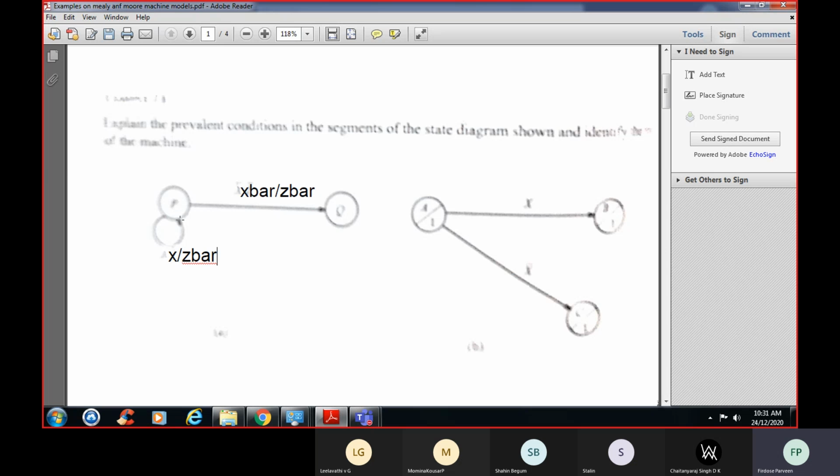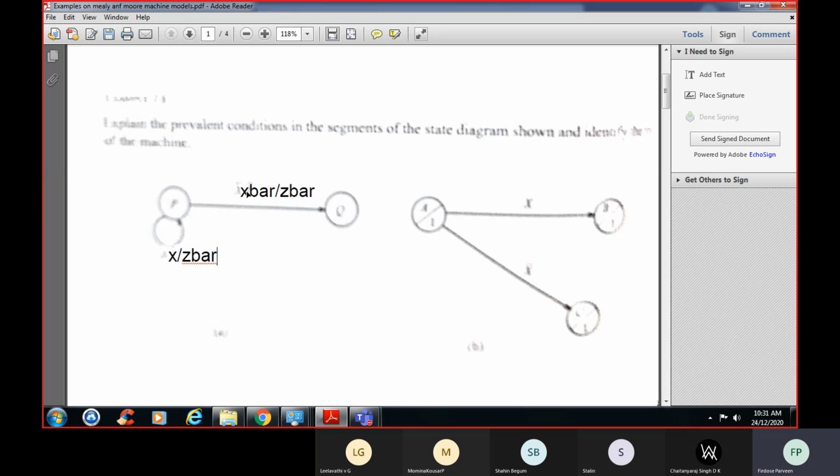What they have told, there are two states, that is P and Q, and here it is X and here it is Z bar. Here it is X bar, Z bar. From the state P, it is moving towards Q when input is 0.